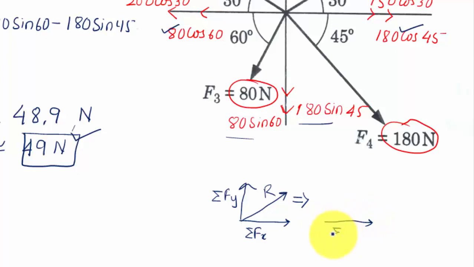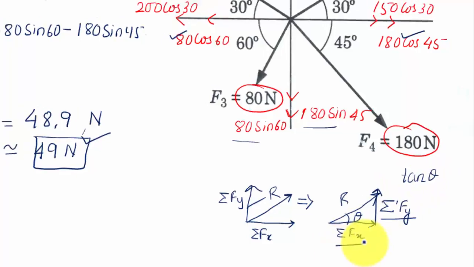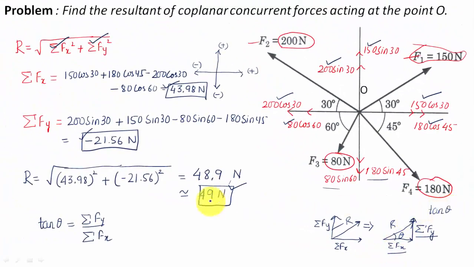This is the summation of Fx. Above, going parallel, this is the summation of Fy. Then the resultant is over here, this is R, and the resultant makes an angle theta. Using trigonometry, tan theta is going to be the perpendicular, the summation of Fy, upon the base, the summation of Fx.